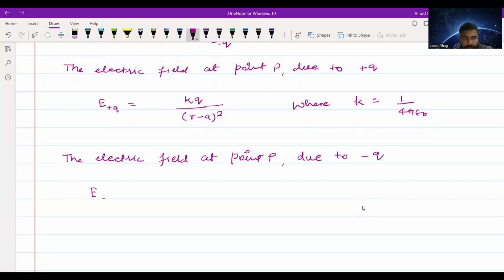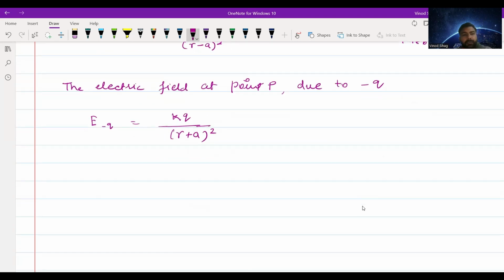It will be E minus Q will be K Q upon R plus A का whole square. Here I am writing the magnitude of the electric fields. That is why I am not putting the sign. So E minus Q is KQ by R plus A ka whole square.